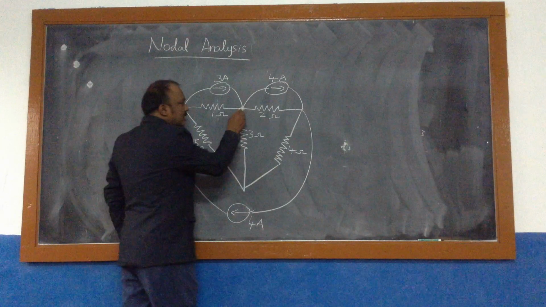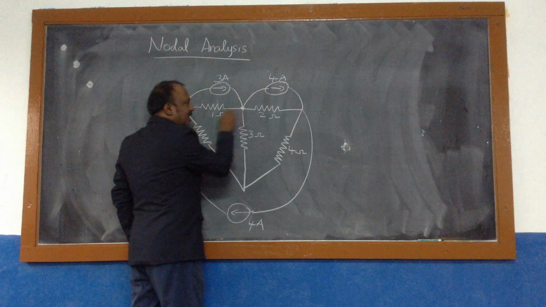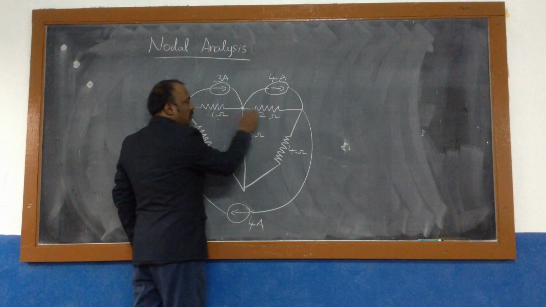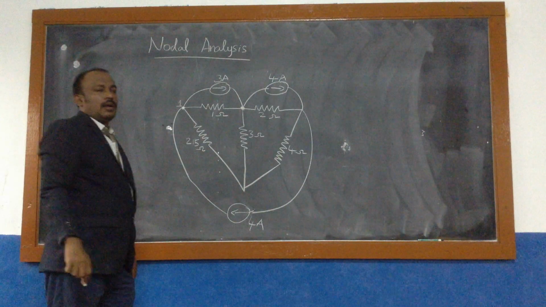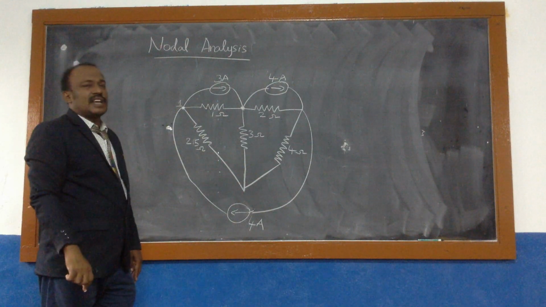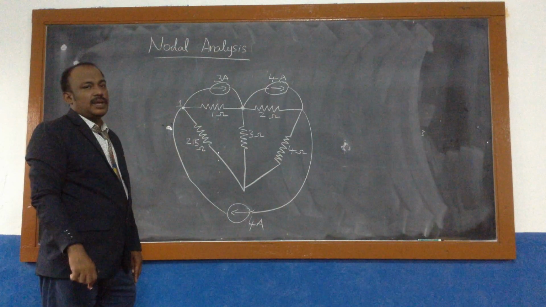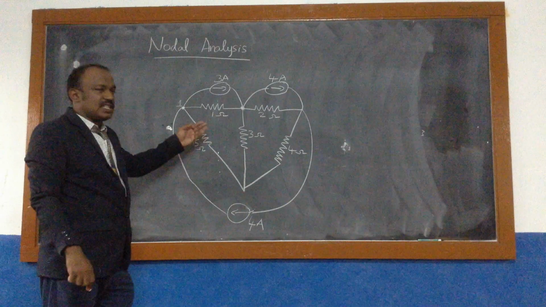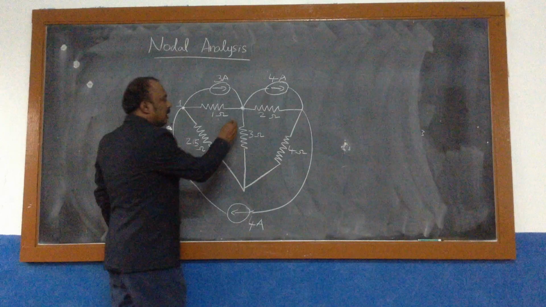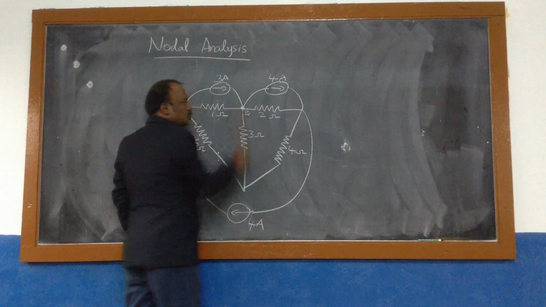You can see at this junction there are 3 branches connected: 1 ohm, 2 ohm, and another one 3 ohm. So the condition is satisfied. With 2 or more branches connected to a junction, we can name it as a node. So this one can be considered as node number 2.